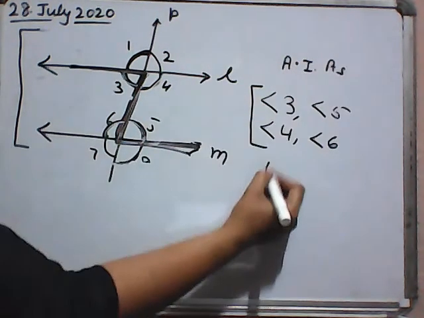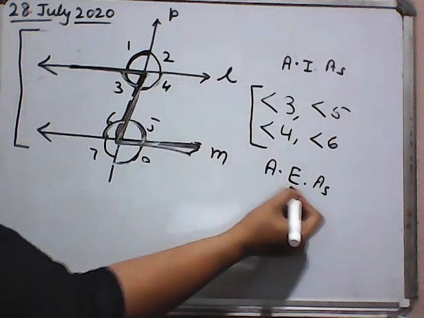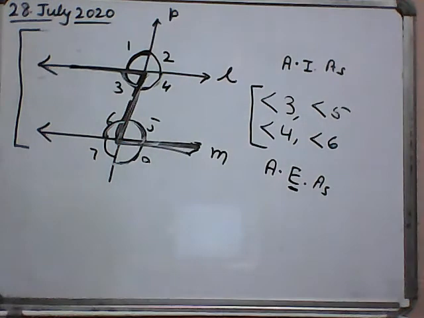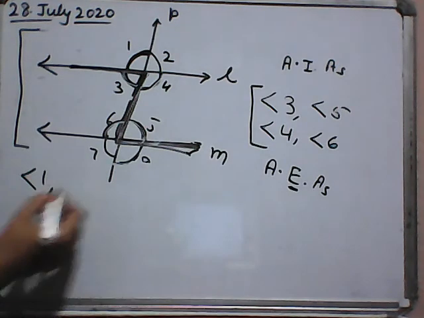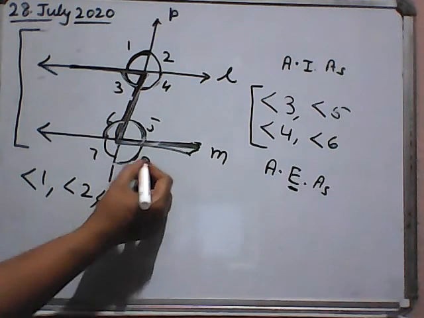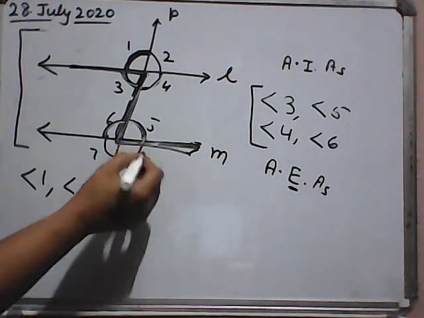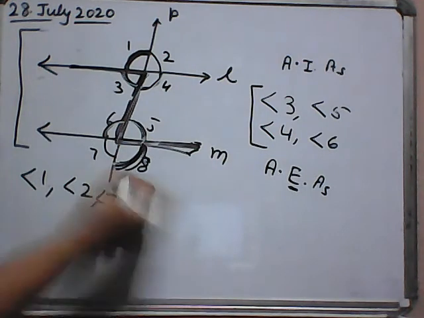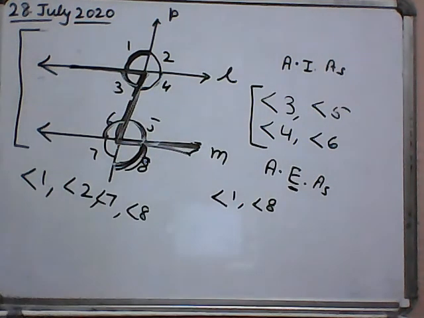Now what do you mean by alternate exterior angles? Exterior angles means angles made outside of the parallel lines. Angle 1, angle 2, angle 7 and angle 8 are exterior angles. Angle 1 is on the left side, angle 8 on the right side, so angle 1 and angle 8 are alternate exterior angles.